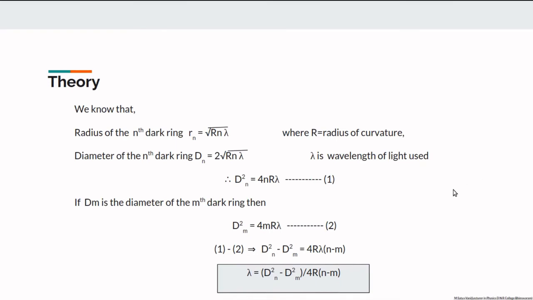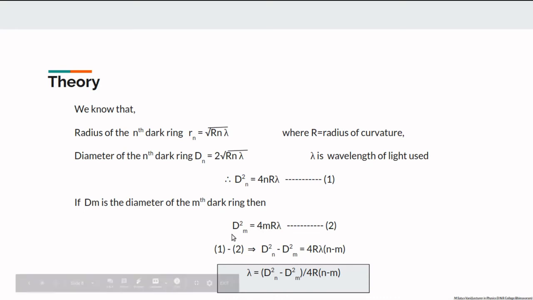Next, the theory for the determination of the wavelength of light. In the equation of radius of the ring, Rn is equal to root of R n lambda, where R is the radius of curvature and lambda is the wavelength of light used. This is the expression for the diameter of the nth ring. If you take mth and nth dark rings, then their diameter squares are dn square equal to 4Rn lambda, and similarly dm square equal to 4Rm lambda.